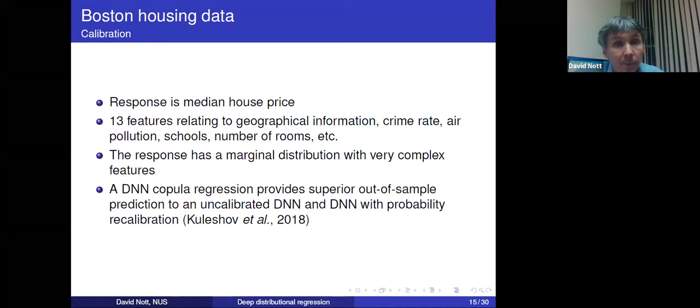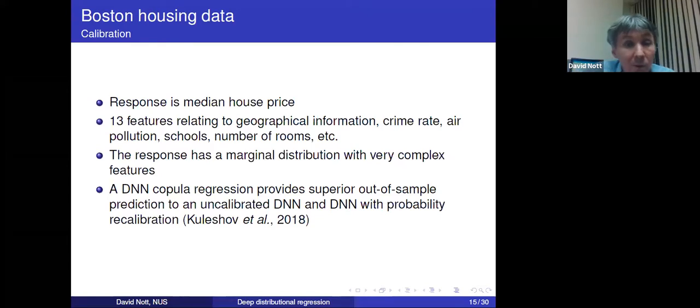Okay, so let me first of all talk about a simple example, then I'll move on to some likelihood-free inference applications. I'm going to talk about the Boston housing data. My apologies for using such an old data set, but it's well suited to showing off the features of our methodology.